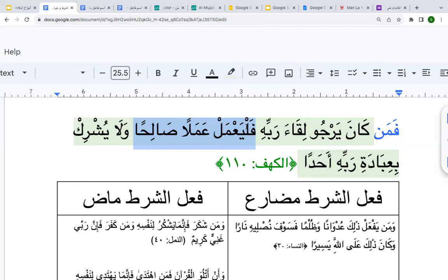There is a fa before, there is an atf before. Whenever there is summa, fa, or waw before lamul jazima, which is also called lamul amr, it's going to take a sakun. Is this clear to each and every one of you? If it is not, let me know, okay? So far, everything good?